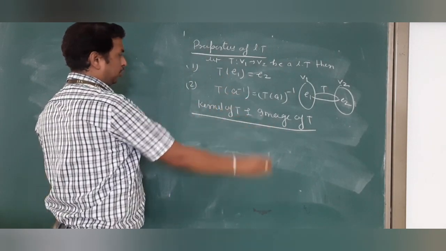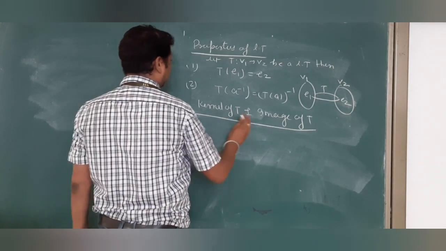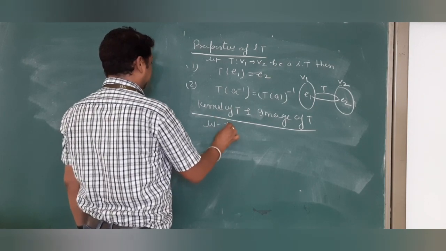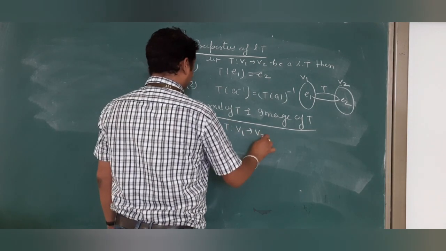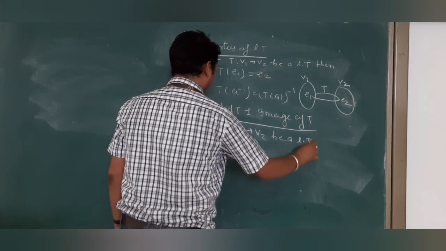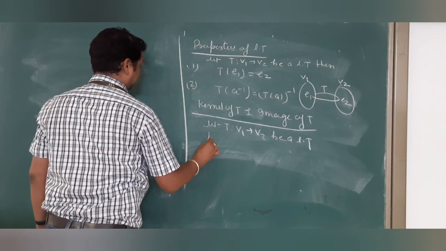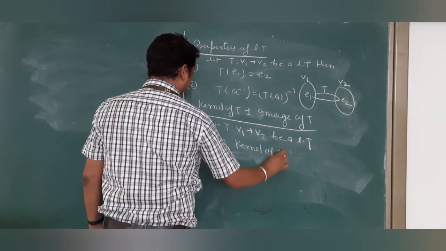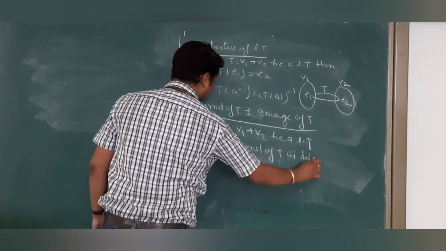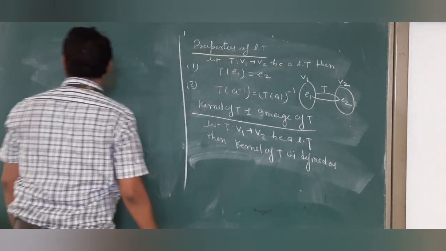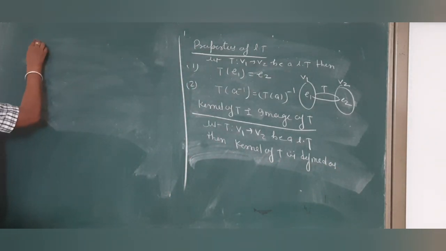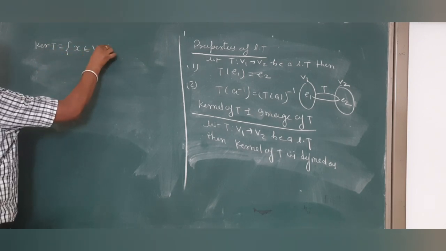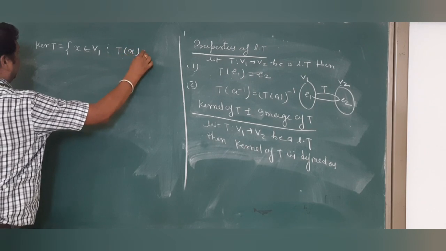We will do some questions based on this property. So kernel T and image T, but later. Kernel T and image T: let T from V1 to V2 be a linear transformation. Kernel T is defined as the set of x belonging to V1 such that T of x is equal to identity.